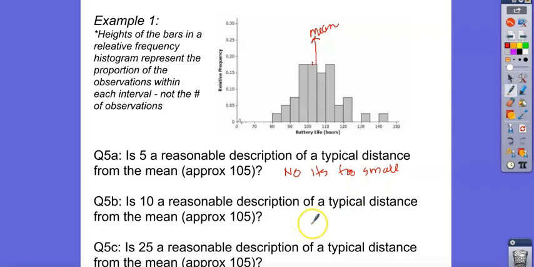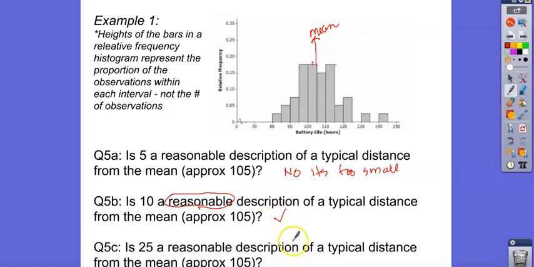Okay, now let's look at 10. If I talked about 10, here's 105. Are most of them about 10 away? Well, there's those that are 10 on this side, and there's those that are 10 on that side. That is the majority of the data. I would say it's reasonable. It's an approximation, and I would go with that.